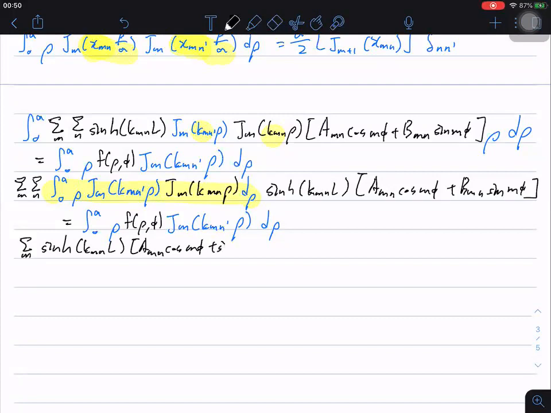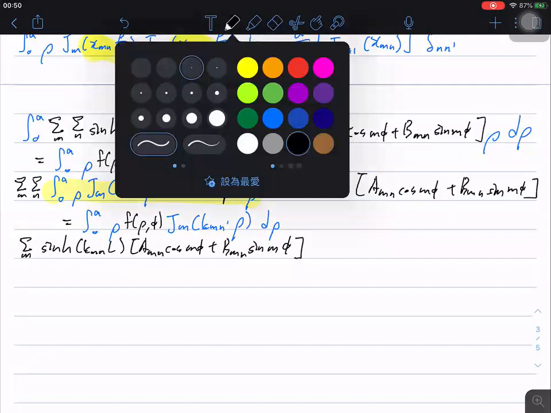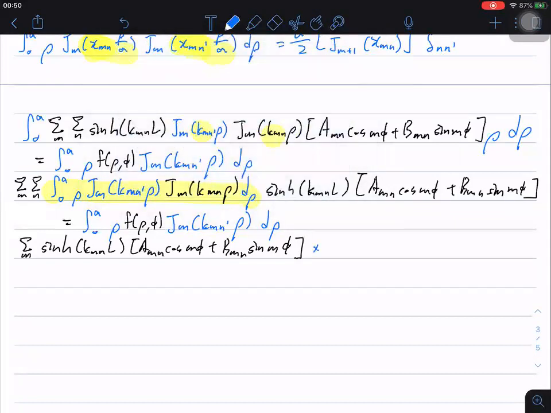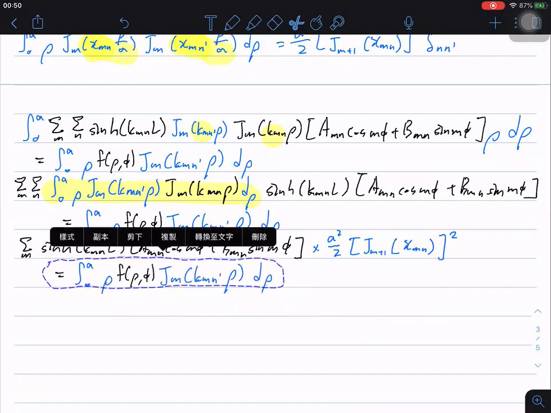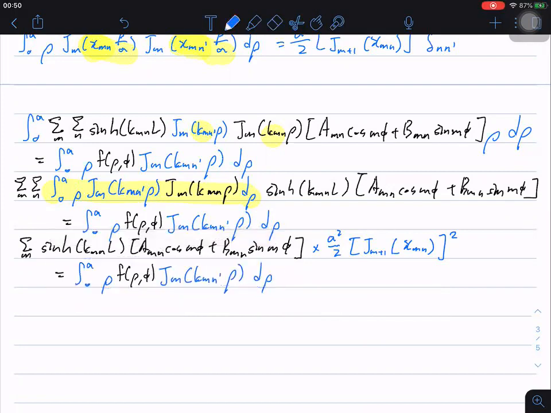The only thing left is the normalization constant, in the color blue. And for the right-hand side, you can't really do anything about it because f is a general function. You don't know the details.